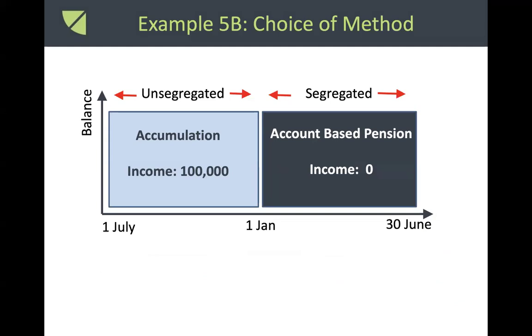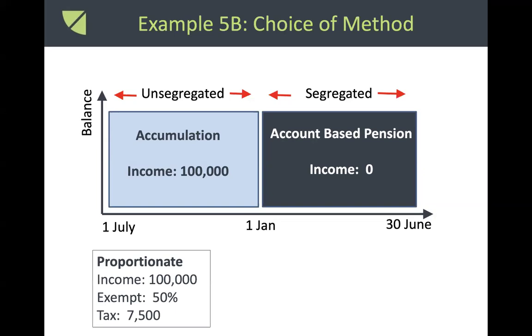The next example is the same, except this time we have all of the income being in the first half of the year. So if we do the proportionate method calculation, we have $100,000 of income, which is the same as what we had last time.